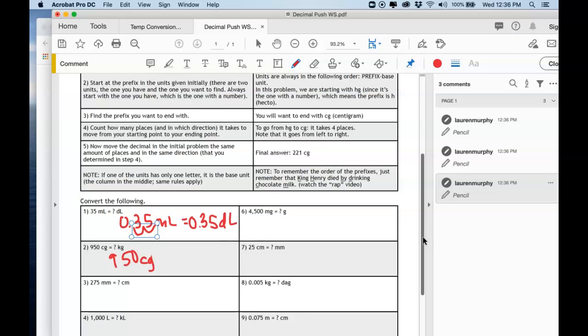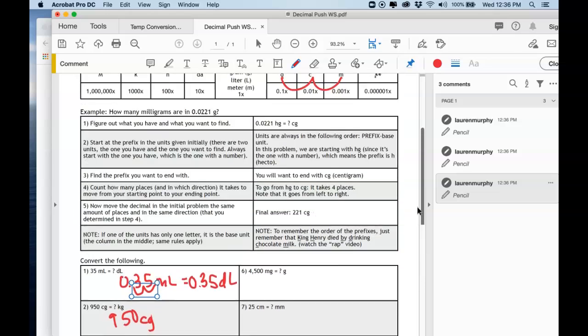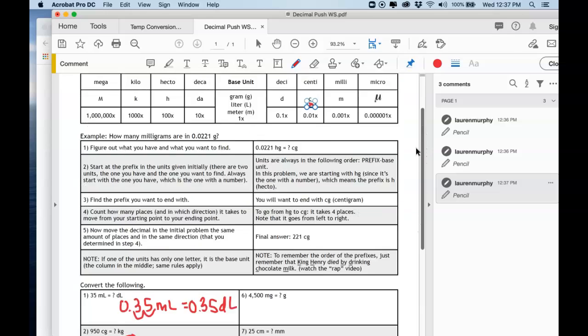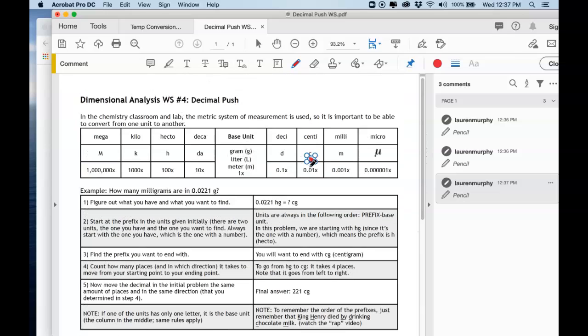Okay, and so then let's do number 2, 950 centigrams. So you go up here, centigrams, and where are we going? To kilograms. So let's erase this. Okay, so centigrams is right here, and we are going to kilograms. So we need to go backwards 1, 2, 3, 4, 5.